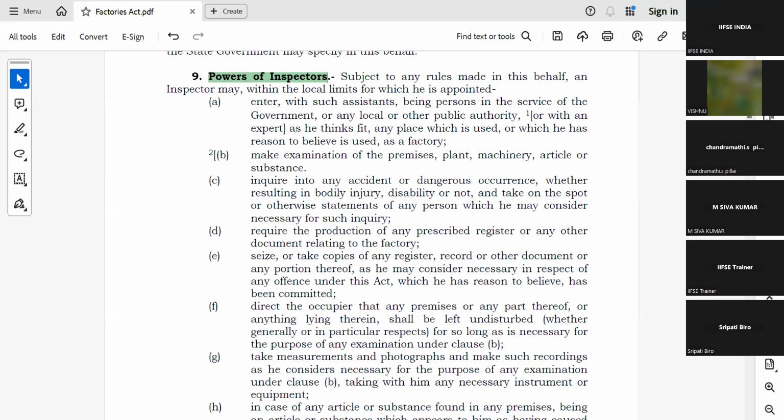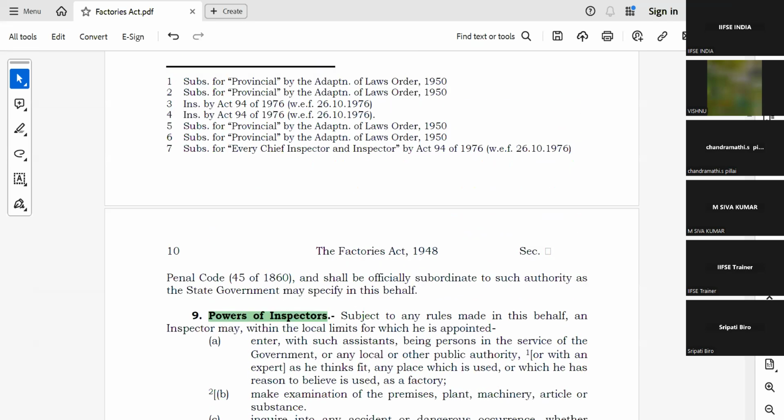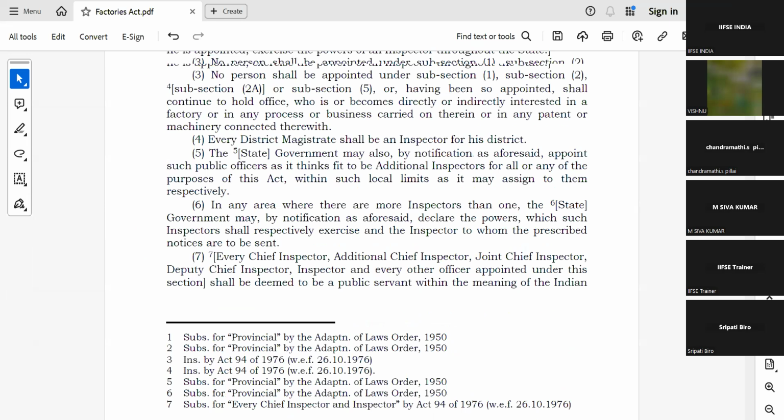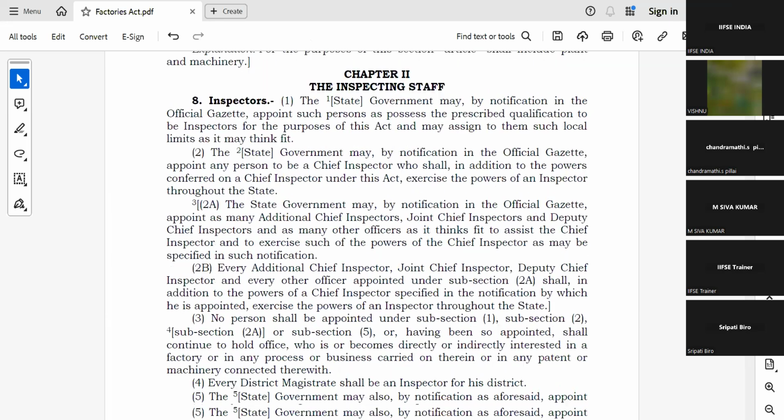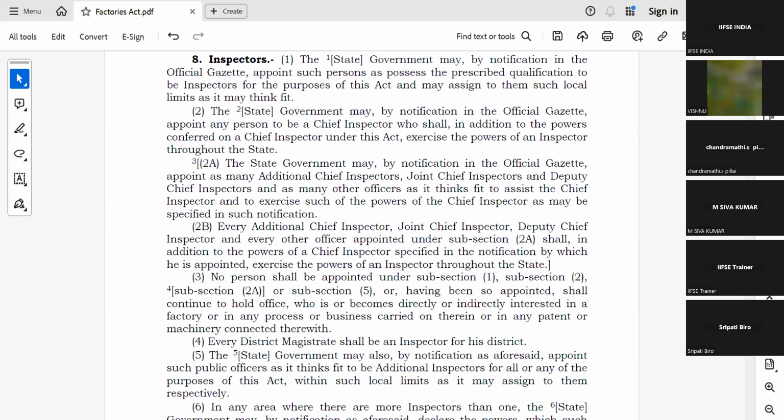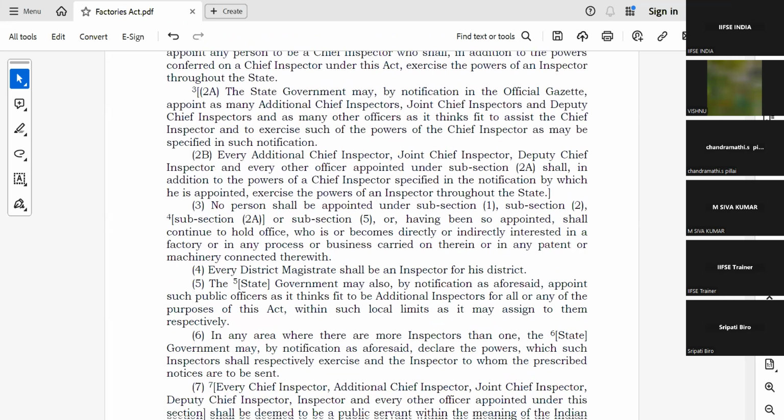So we'll see who is meant by inspector first. Inspector means a person notified by the government in the official gazette, appointed as a qualified inspector for the purposes of this act. Any additional person appointed under sub-section 1 shall continue to hold office, unless he is or becomes directly or indirectly interested in the factory or in the business carried out in any patent or machinery connected to it.